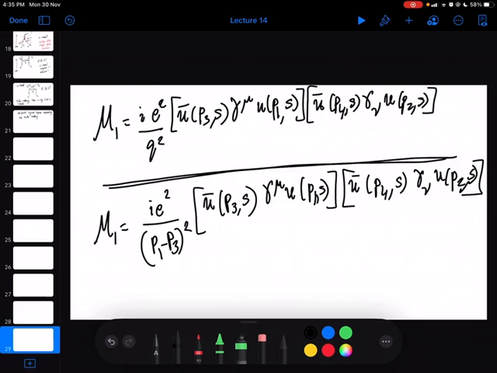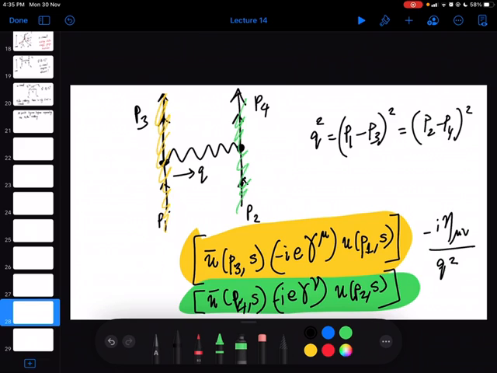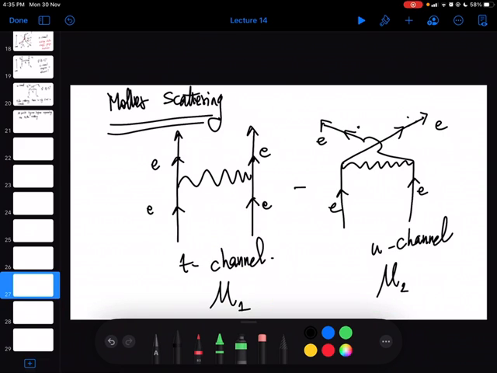Now we know that there is a phase space associated with this diagram, which we have written in the most general form. So we also know how to write the amplitudes. For one diagram we have written the amplitude. The second diagram amplitude also, let's write it down. We don't have to compute the entire thing again.